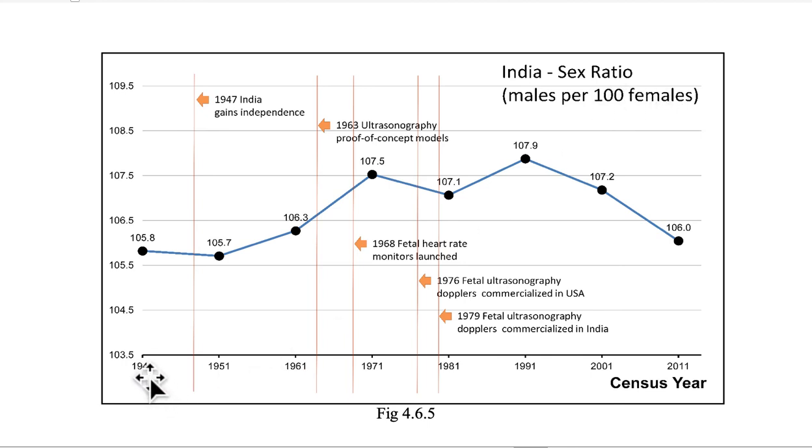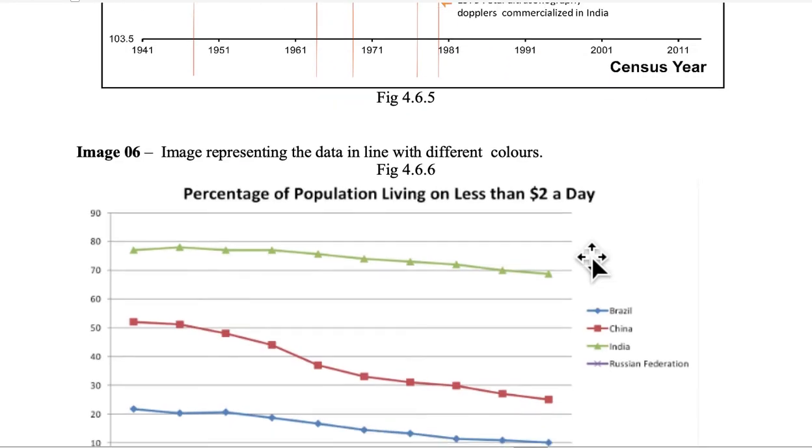That means in 1941 for every 100 females we had 105.8 males. If we read 2001, for every 100 females, we had 107.2 males. In this way, we can read from such graphs, and such graphs are good examples of data formats.